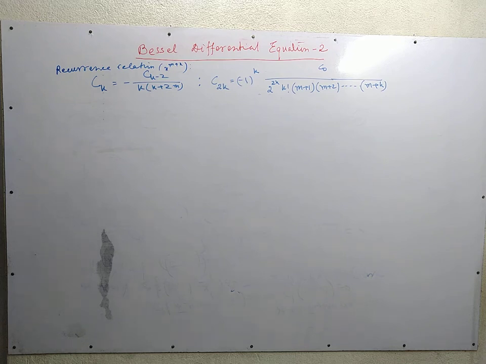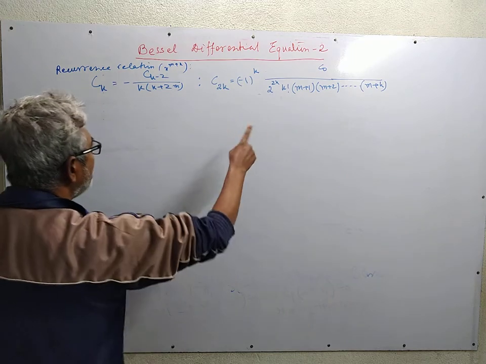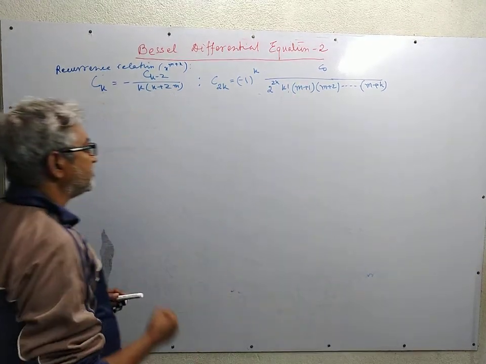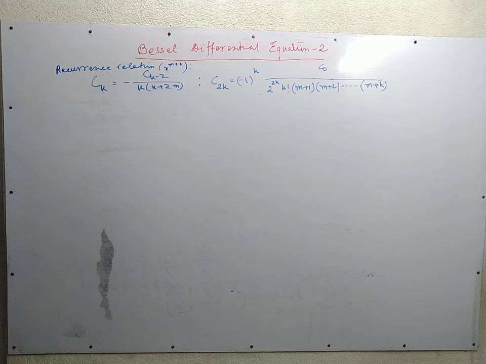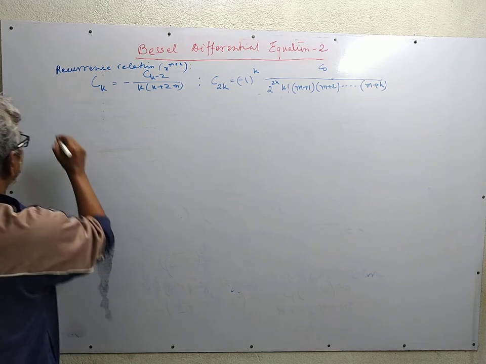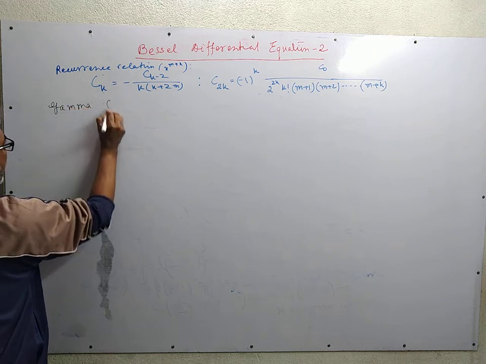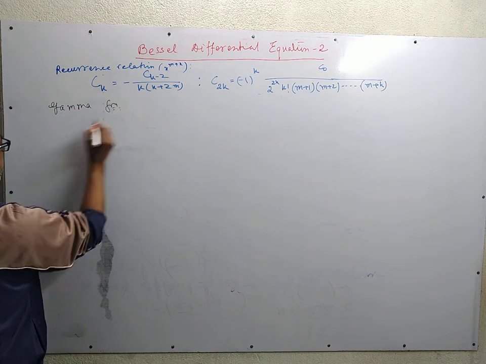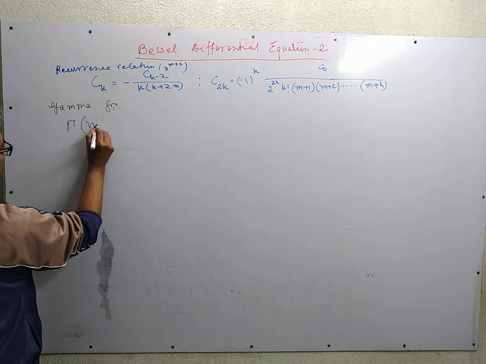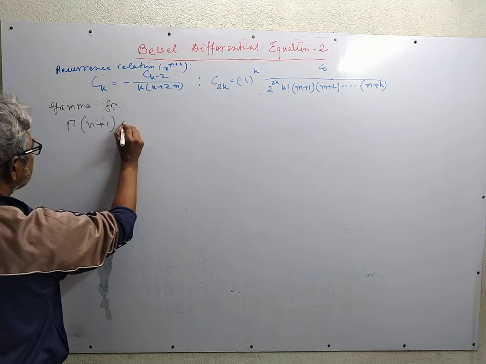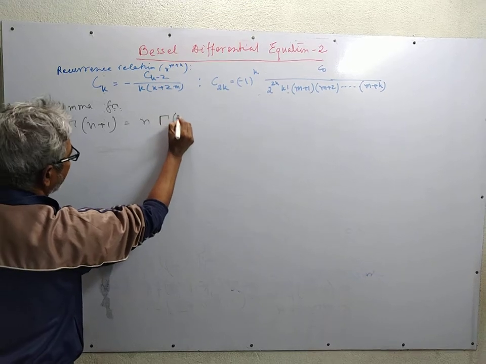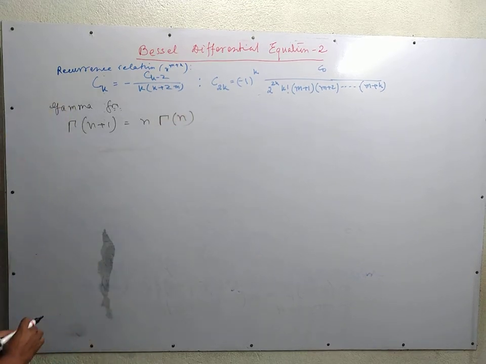In the other three differential equations, m was found to be an integer, but here m is not an integer, so we cannot write factorial notation straightforwardly, but we use the gamma function. The gamma function, gamma of n plus 1, has the property n into gamma n.